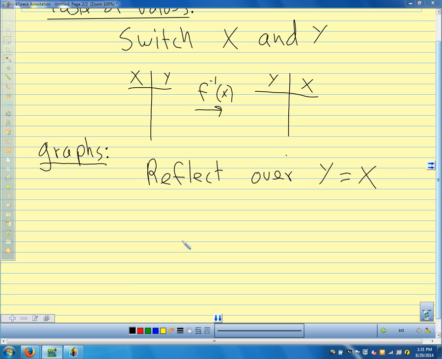So if we have two graphs, and it asks, do these graphs represent the graphs of inverse functions? Y equals x is the diagonal line that goes right between the x and the y axis, slope of 1.